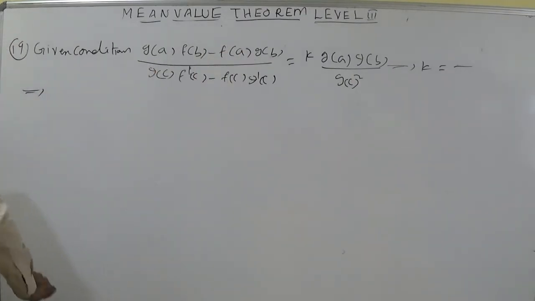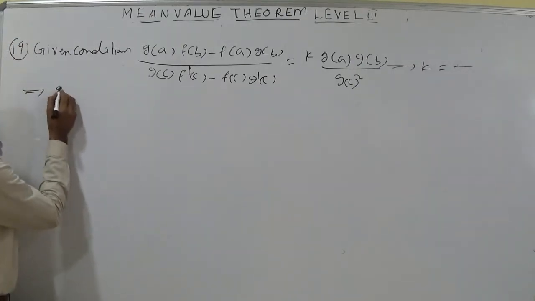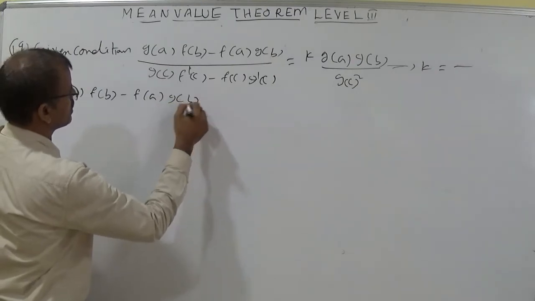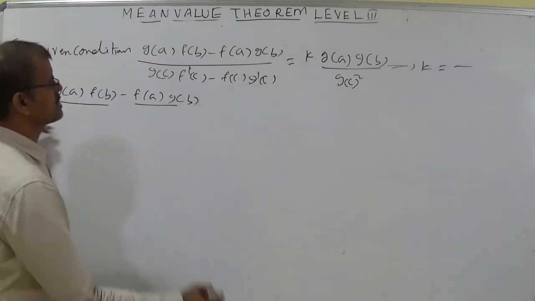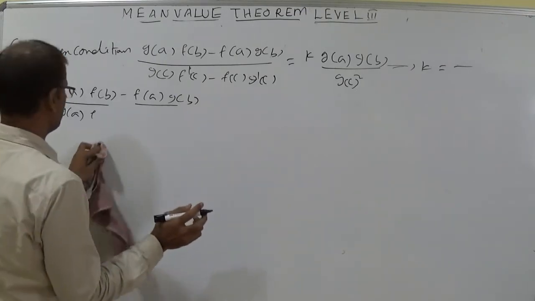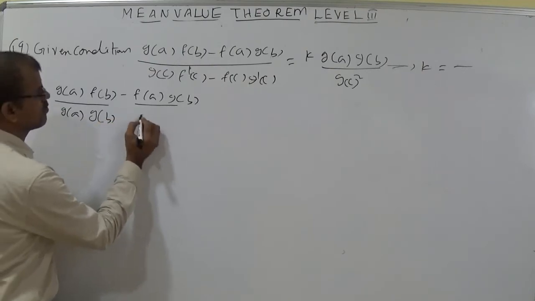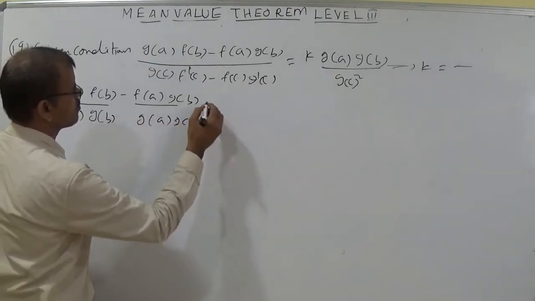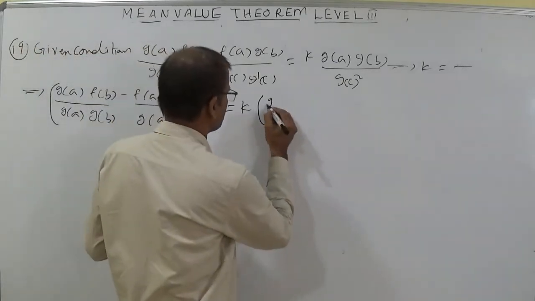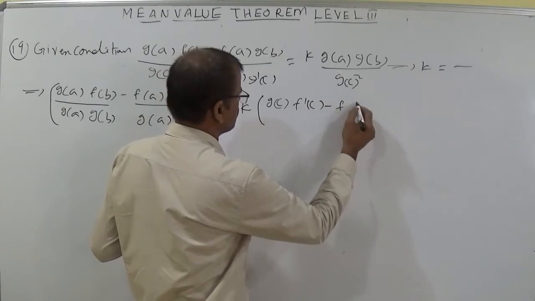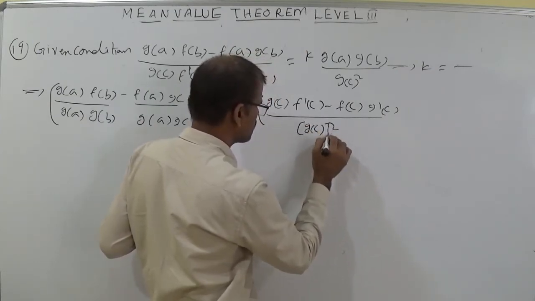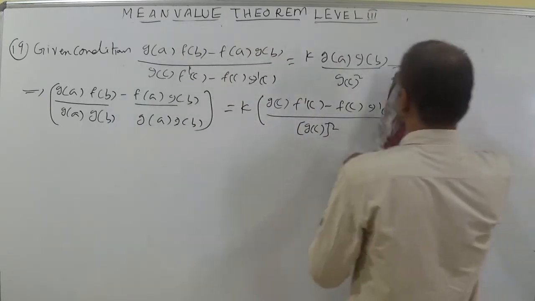We can do something like this: g of a into f of b minus f of a into g of b whole by g of a into g of b, is equal to k into, taking this term to the side, g of c into f dash c minus f of c into g dash c whole by g of c whole square.